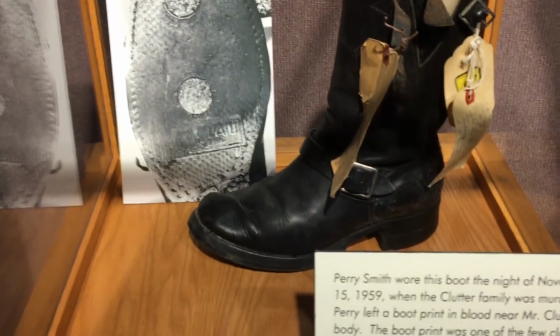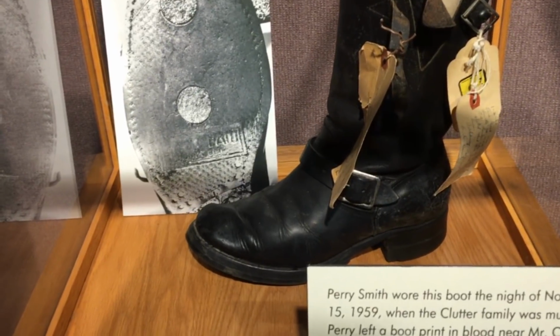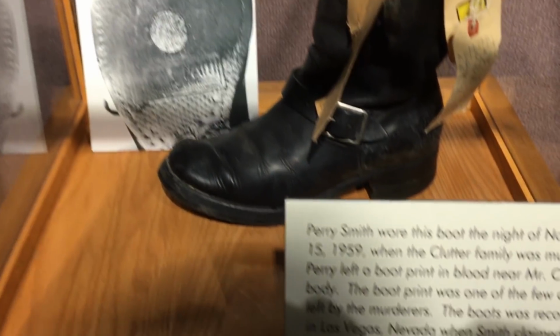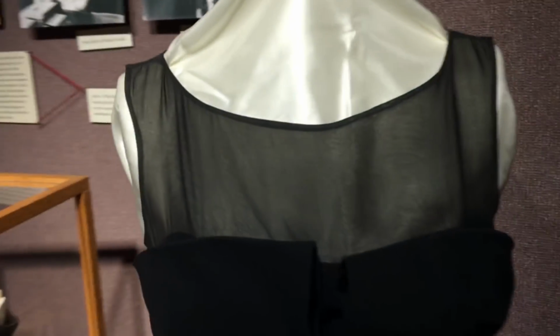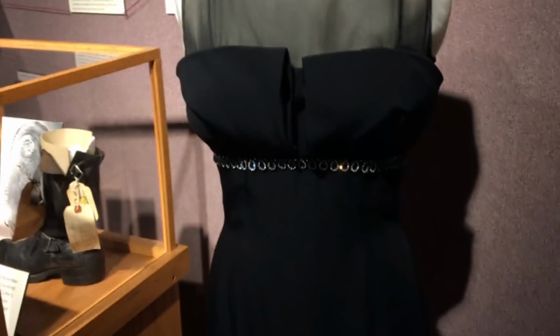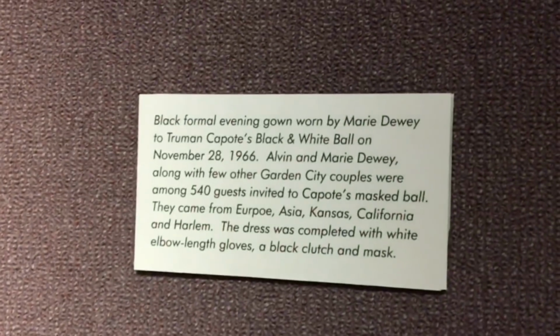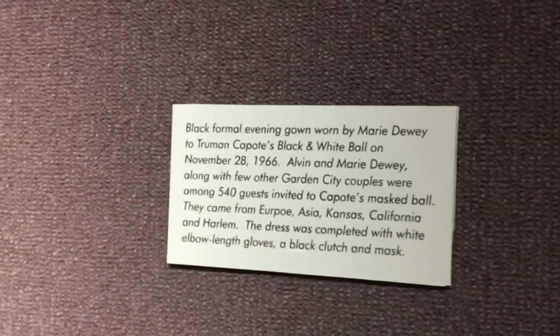That's the footprint of the boot and the actual boot. That was a strange feeling, to sit there and look at that boot and be that close to it. This is a dress that was worn by the main investigator Alvin Dewey's wife to a ball that Truman Capote had. It's called the Black and White Ball. And Alvin and his wife, Marie, went to that. And here's some more clippings.